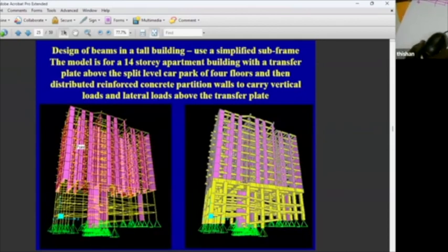You can see this is not a big building. It's only a 14-story building. Then you might ask why I show this. You can see the lower part of the building is a car park, and the upper part of the building is reserved for apartments.